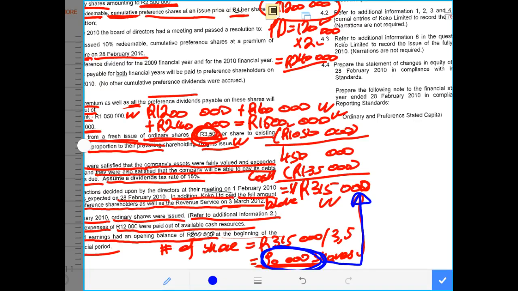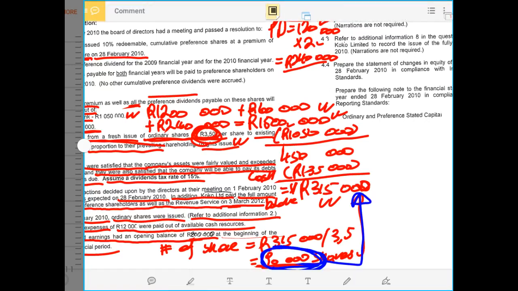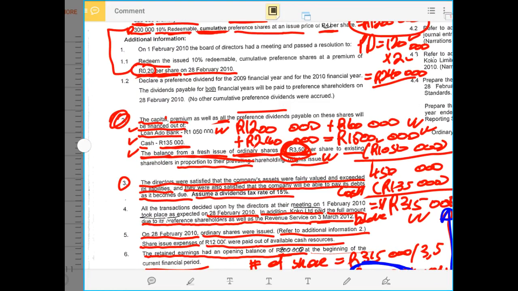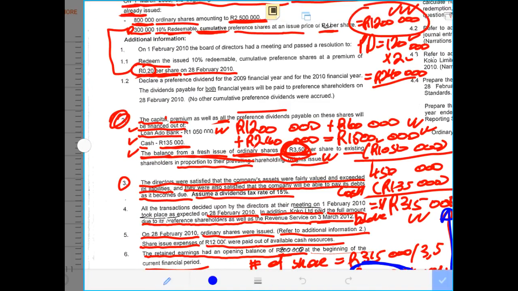So now we issued 90,000 shares. However, the 90,000 shares were issued when? Let us go and check. The 90,000 shares were issued on the 1st, remember this is additional information, on the 1st of February 2010, take note of that. On the 1st of February 2010, the board of directors had a meeting and now they passed a resolution.